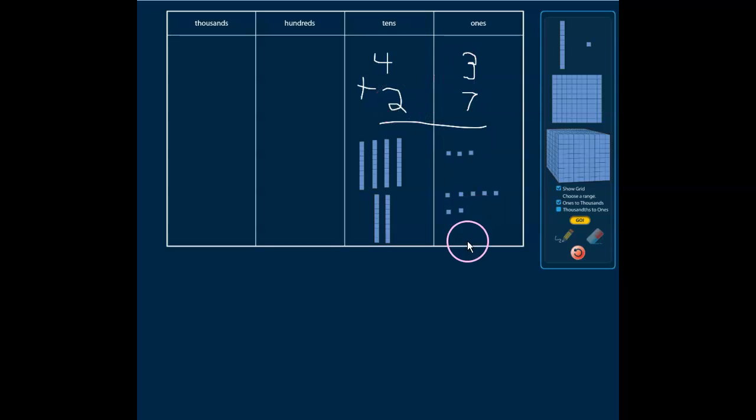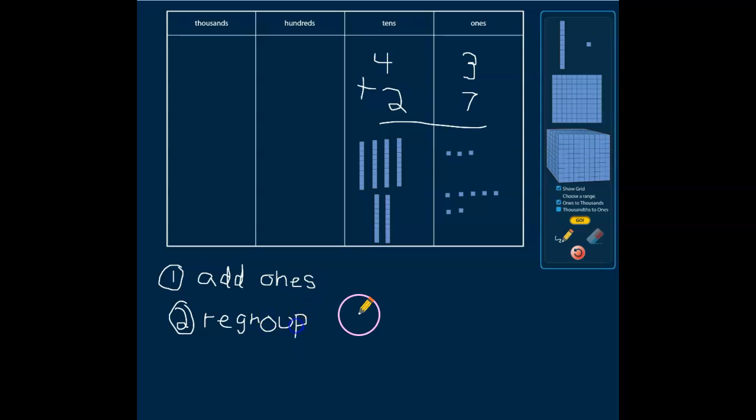So the first thing I do is add my ones. Step 1, I add my ones. Step 2, I regroup if needed.